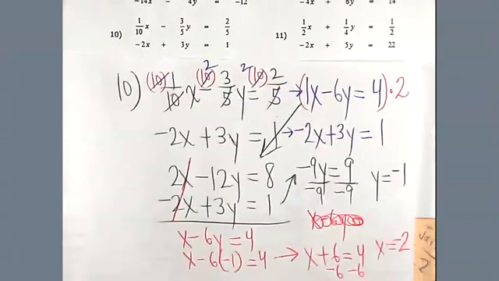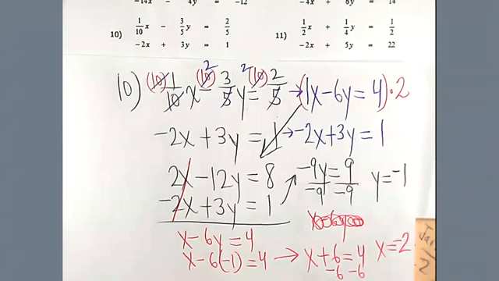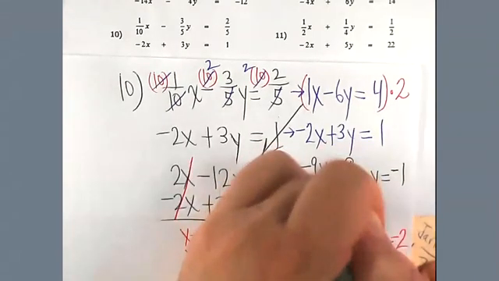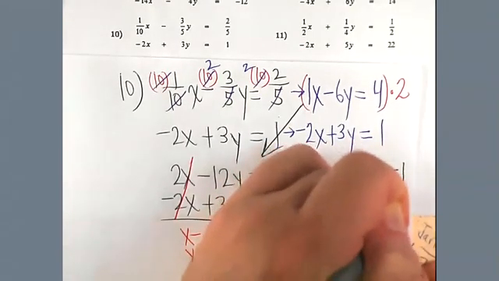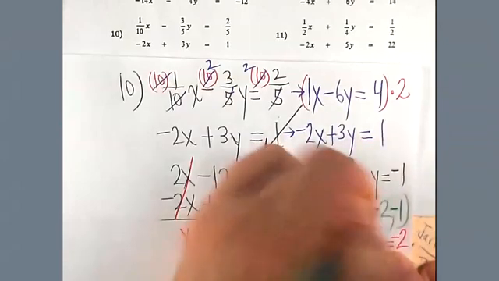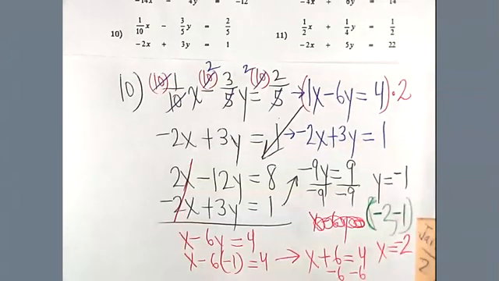Our answer as an ordered pair is negative 2 and negative 1. Any questions about the elimination method?